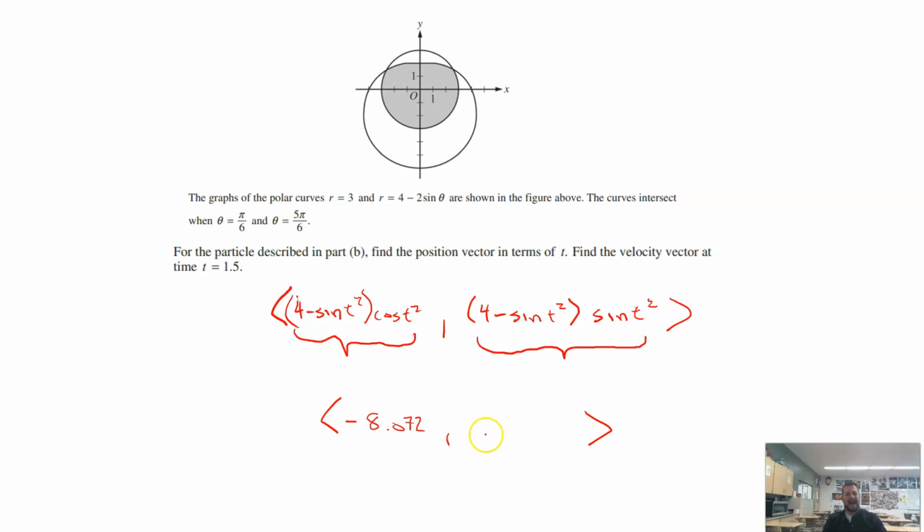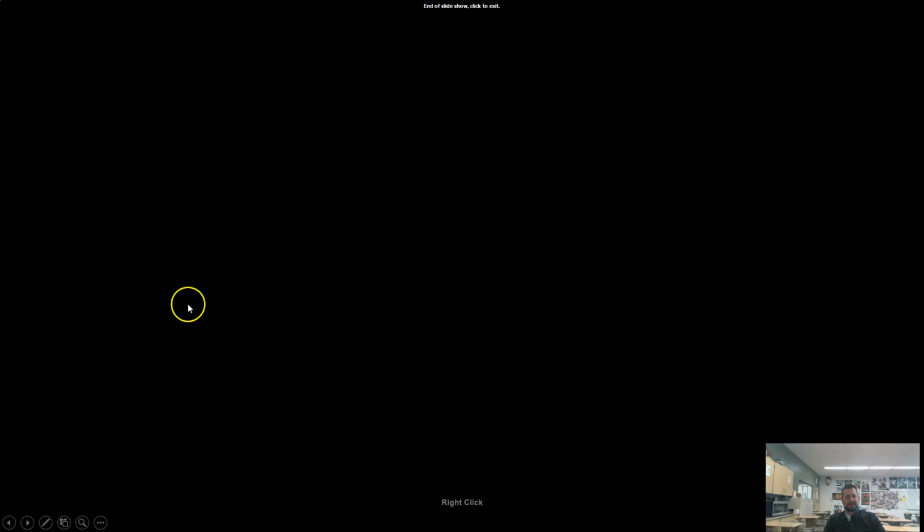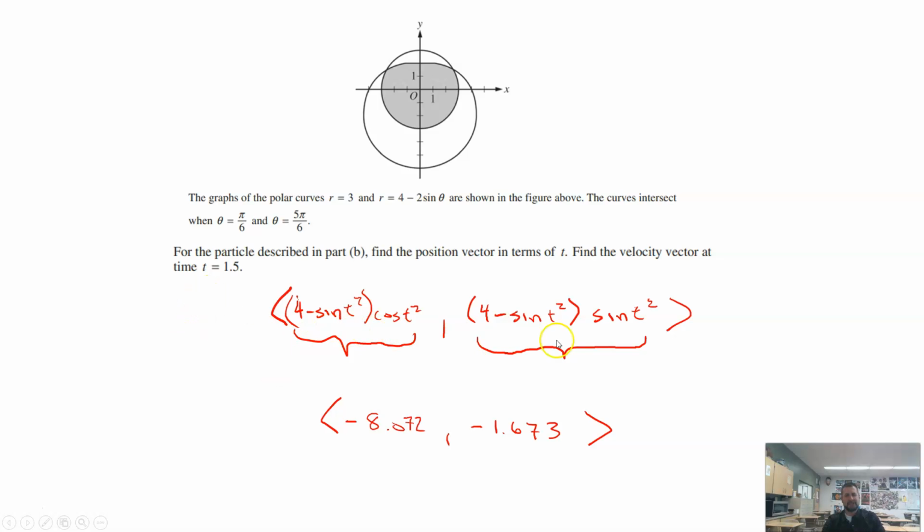When I plug that into my calculator and I take the derivative at 1.5, I get negative 1.673. So this one on letter C, that's how we get both of those answers. Again, here is our position vector right here, and then here is our velocity vector when we plug in 1.5. Hopefully all of that made sense. If you have any questions about this problem or any of the other problems, please let me know.